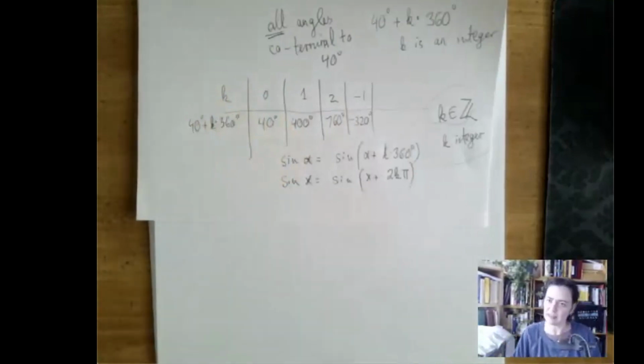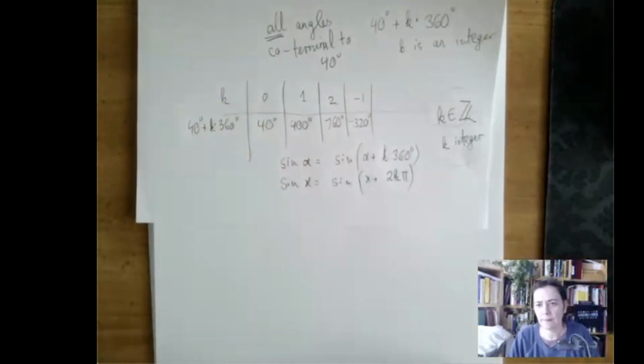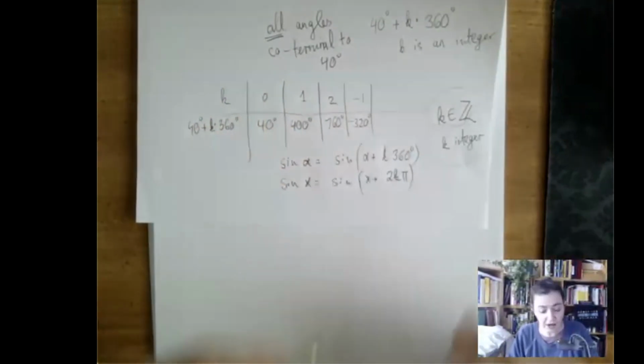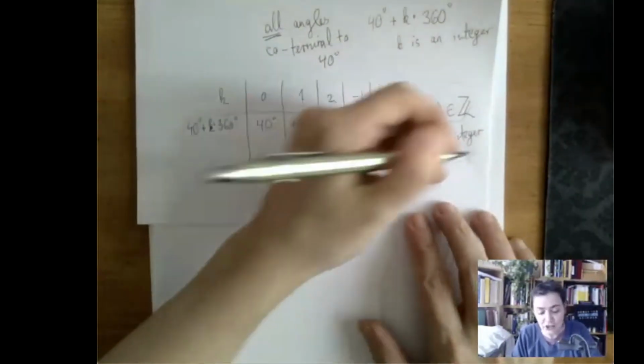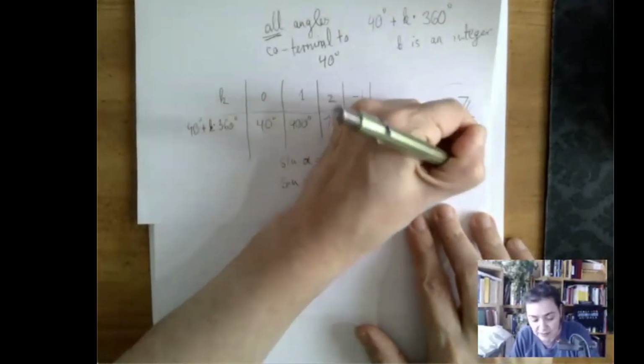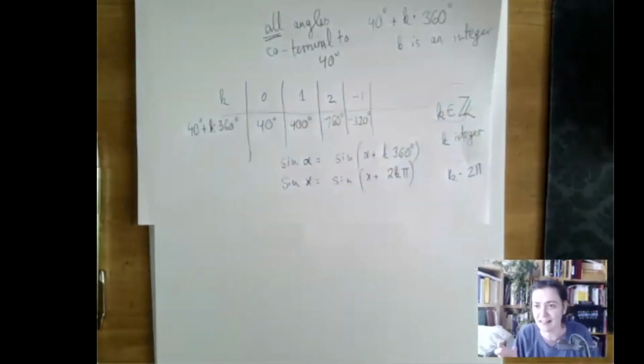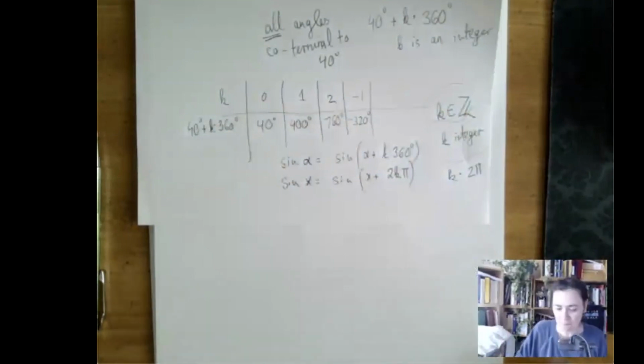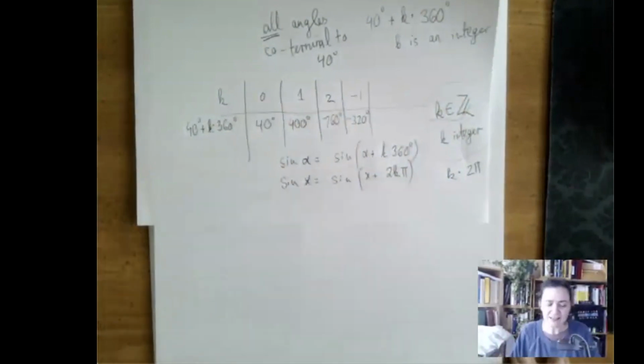But if you say sine of x, that's a real number. It has to be in radians. That's why there's the 2 pi instead of the 360. It should be k times 2 pi. But we mathematicians are a little bit anal, and we like first the numbers, then the letters. So this is going to be the 2k pi.